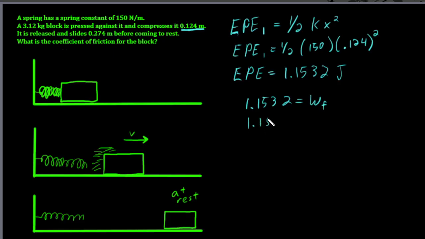So 1.1532 equals the force of friction times the distance that it travels. So 1.1532 is equal to Ff times 0.274.